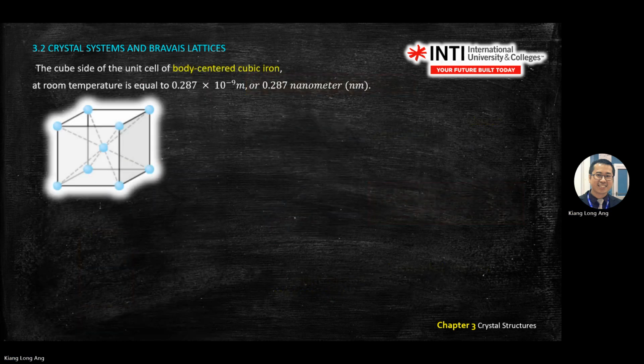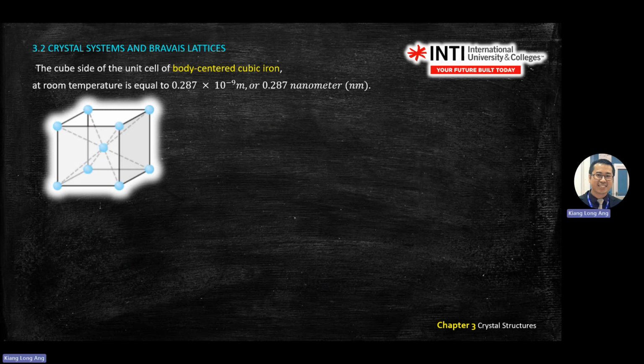Okay. Now we start with the BCC. As you can see on the diagram here, there's one atom at the center. So how you know it is at the center, you just draw the line and then you join the intersection, you know that is a center. Okay. So we look at this sample.